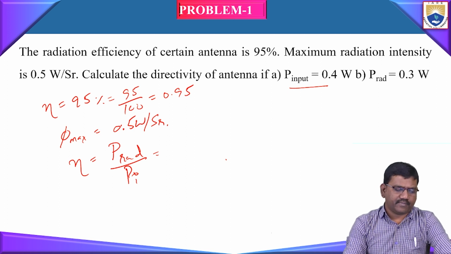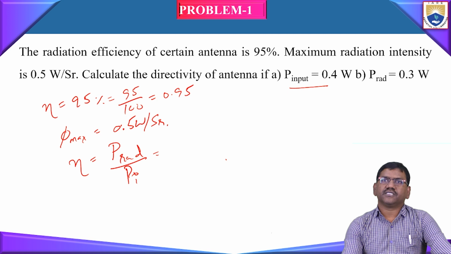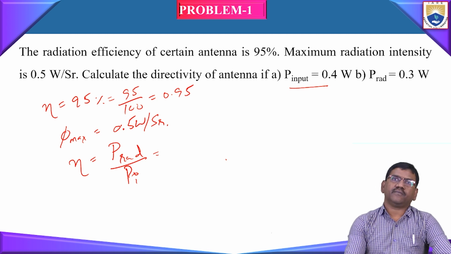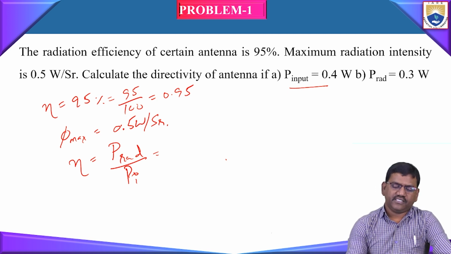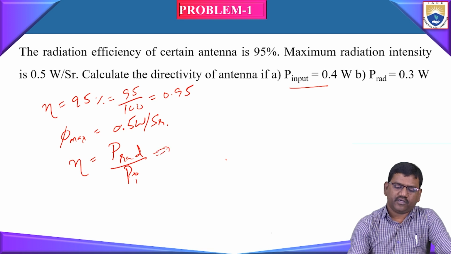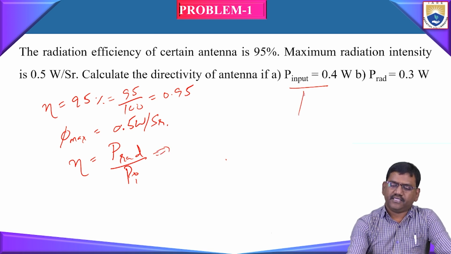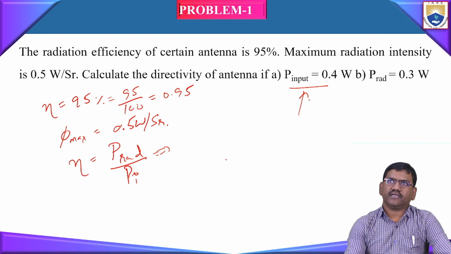So we need to calculate the radiated power, because the power radiated is not given in the problem, but the efficiency is given as 0.95 and the input power is 0.4 watts.